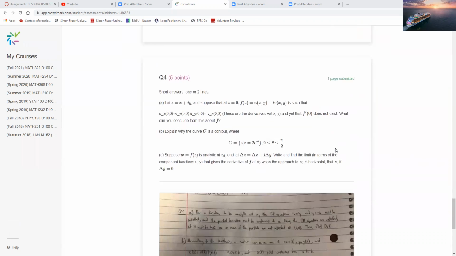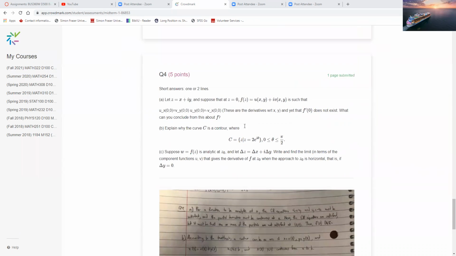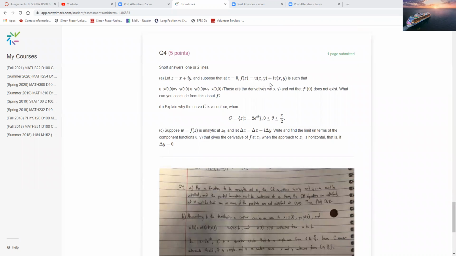For question 4, it was like, show that the Cauchy-Riemann equations are satisfied, yet the function is still not differentiable there.